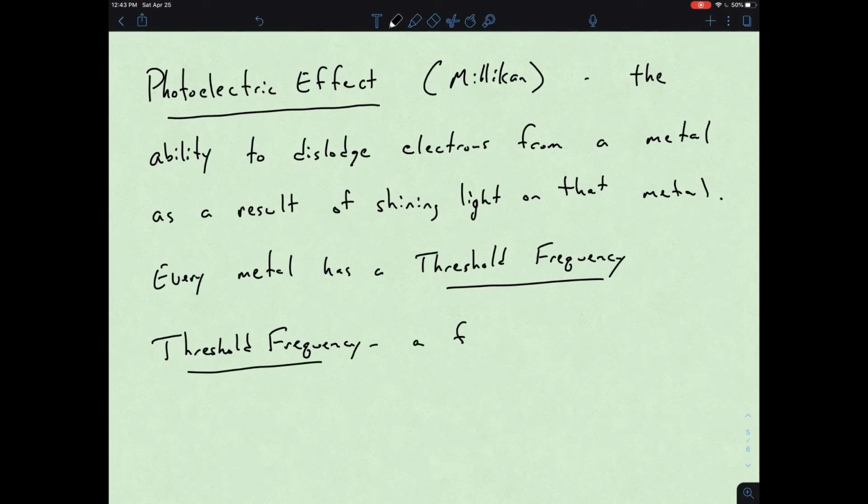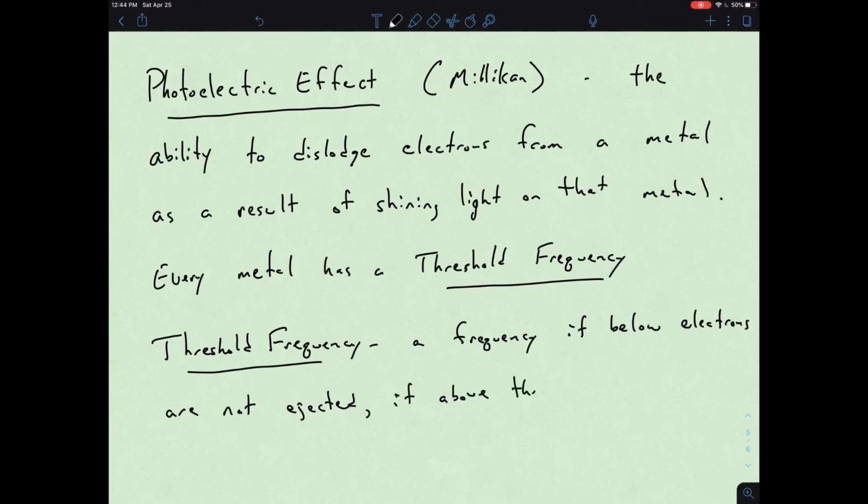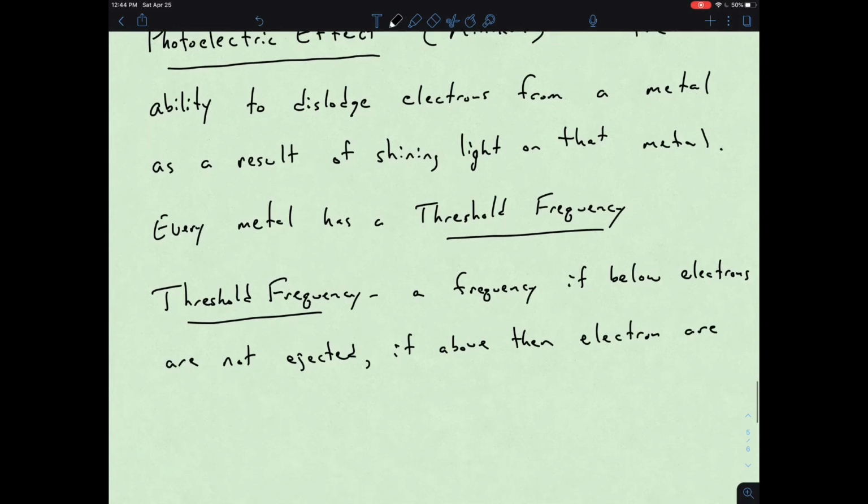Basically, it's a frequency if below, electrons are not ejected. If above, then electrons are ejected.